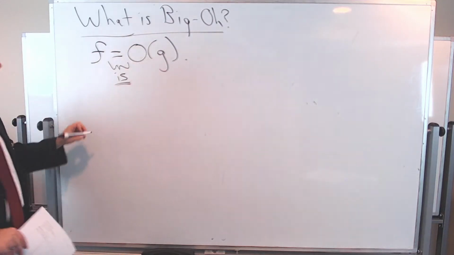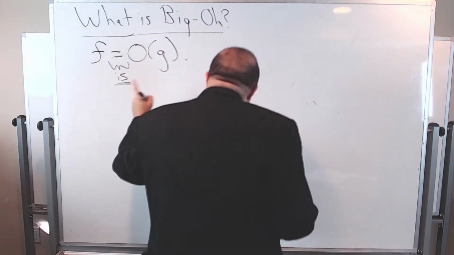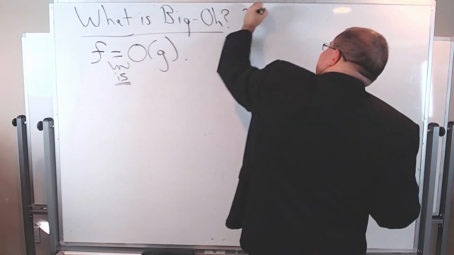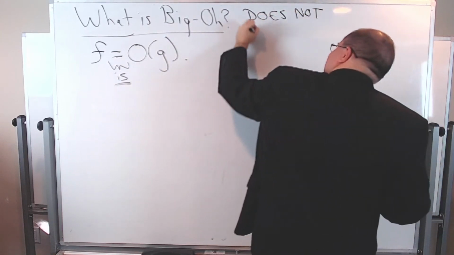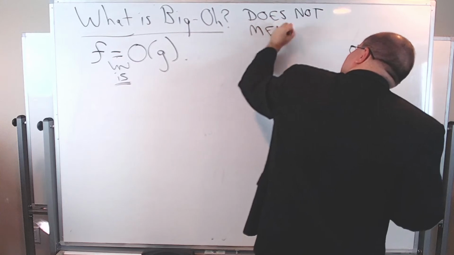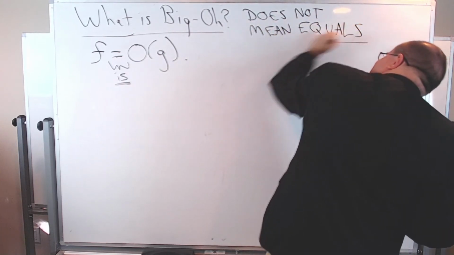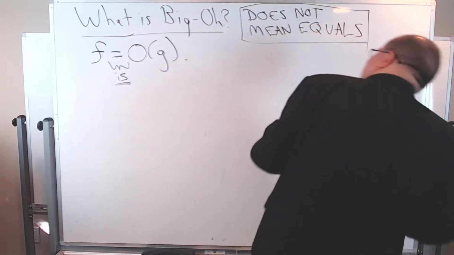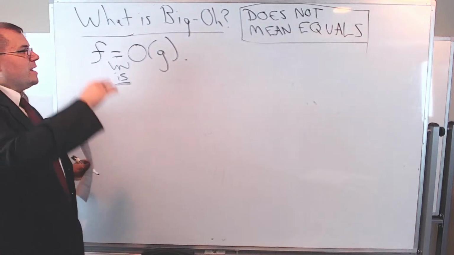Now, remember, this means "is". So this equal sign is actually "is". It does not mean equals. This is the most common mistake that people make: they assume the big O is read like an equal sign.